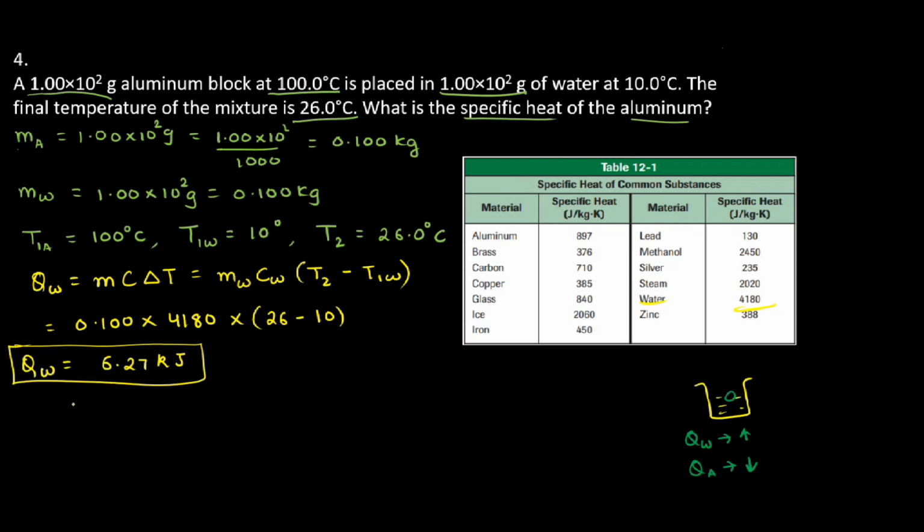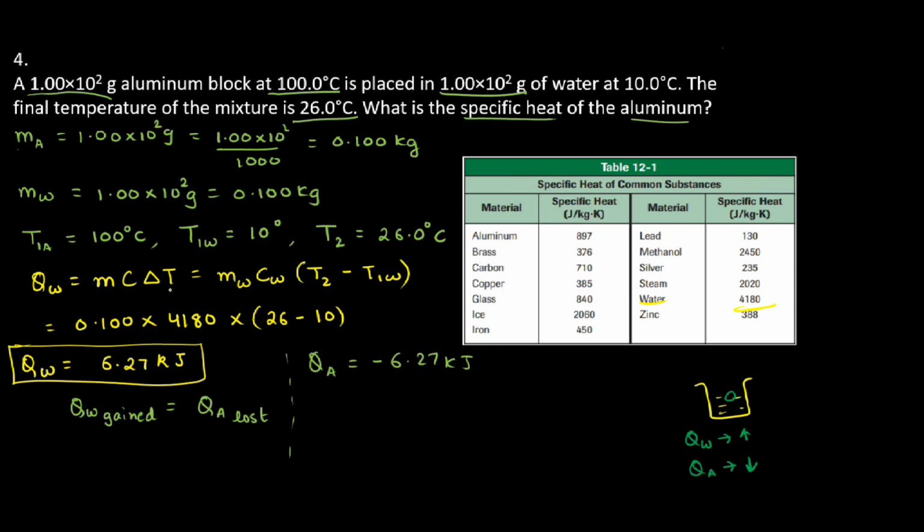Now this heat energy gained by water is equal to the heat energy lost by aluminum. And since this heat energy is lost for aluminum, when I write the same Q for aluminum, I have to take it negative. Negative because aluminum has lost this heat energy. It has not gained it, it has lost it.